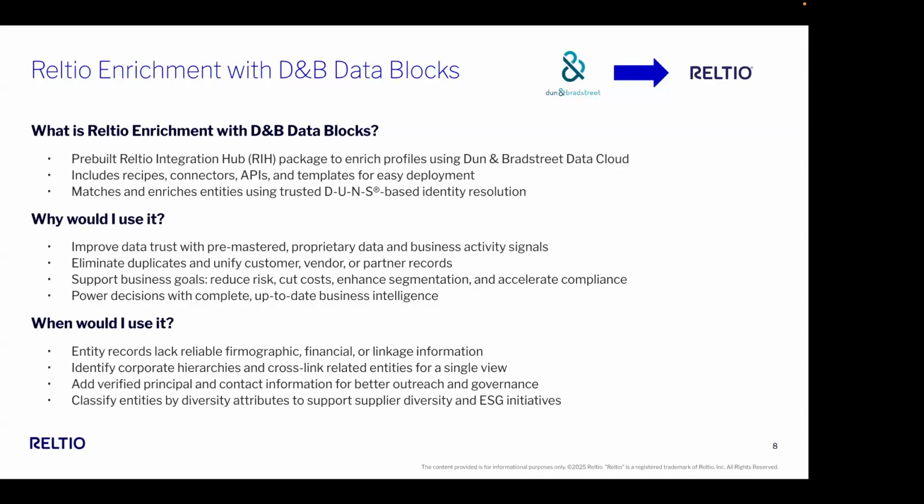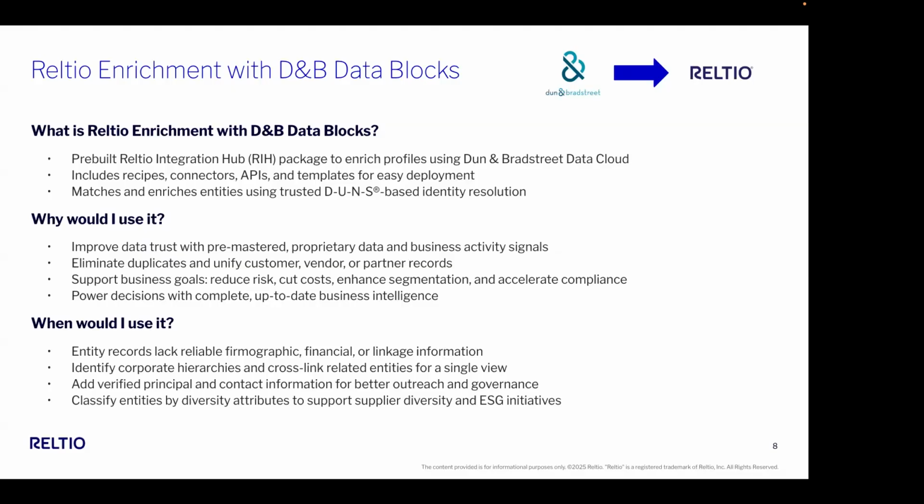Let's answer the when would I use it. Well, when your current entity records or profiles around organizations, whether customer, vendor, partner, or supplier, lack reliable firmographic, financial, or corporate linkage information. You wish to identify corporate linkages or hierarchies and cross-link those related entities for a single unified view.